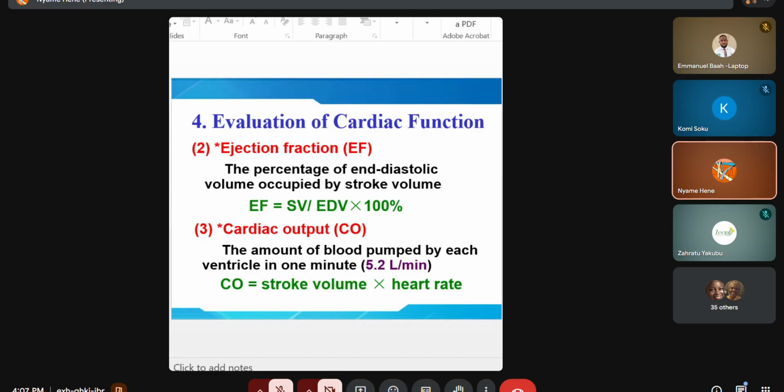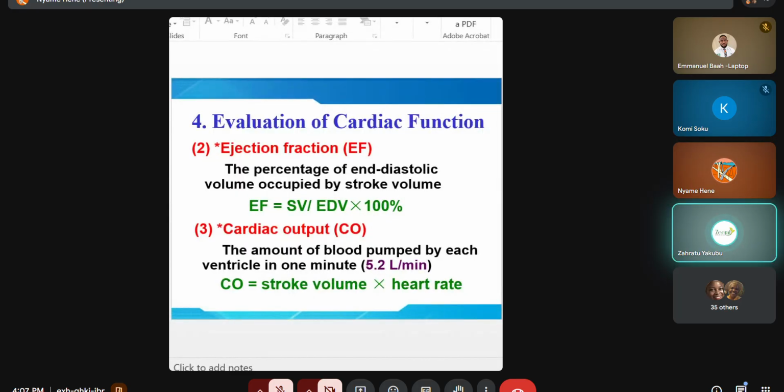Are you okay? Then we talk about the cardiac output. You should be able to know this one off head with the analogy of the bottle. CO means cardiac output, and stroke volume is SV.